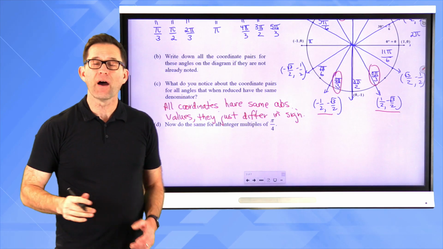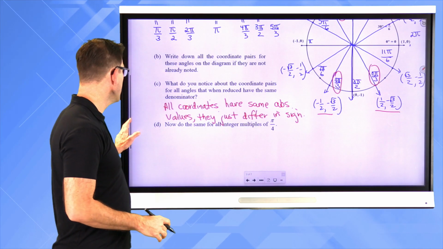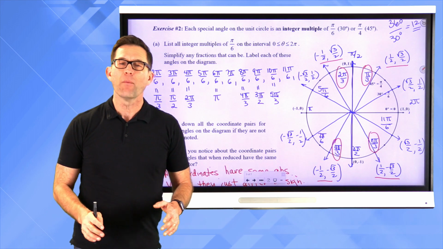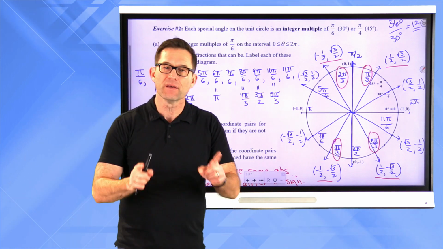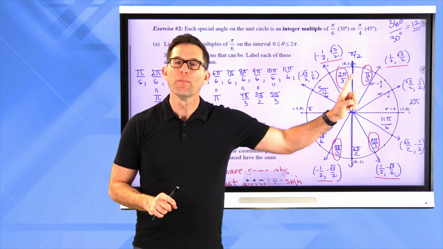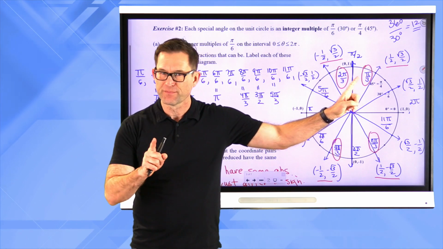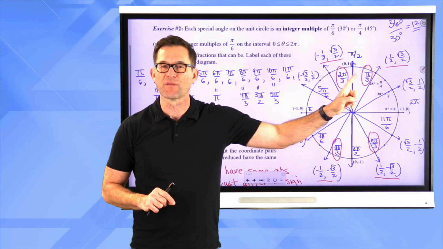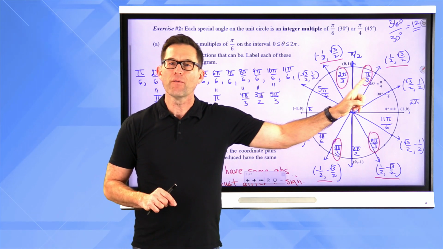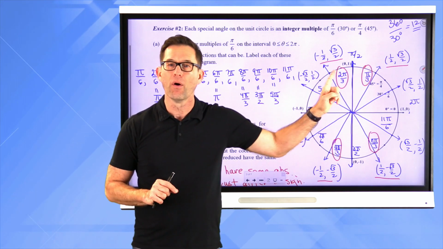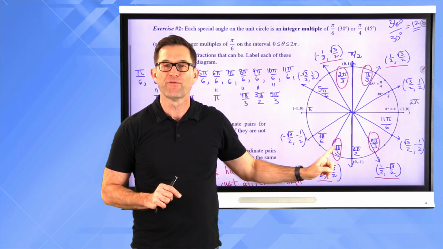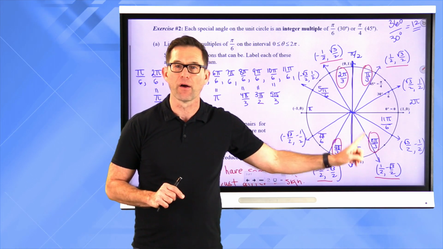Now, that's due to the symmetry of the unit circle. And what's really cool about it is that you can look at this and say, well, pi over 3, we're going to bring back a term we haven't seen since the first lesson of this unit. Pi over 3 is the reference angle for 2 pi over 3, 4 pi over 3, and 5 pi over 3, right?